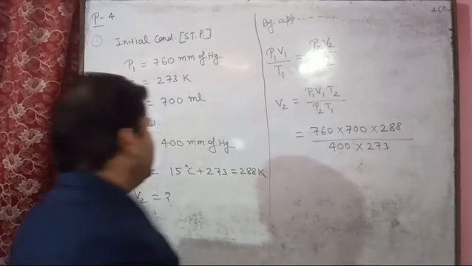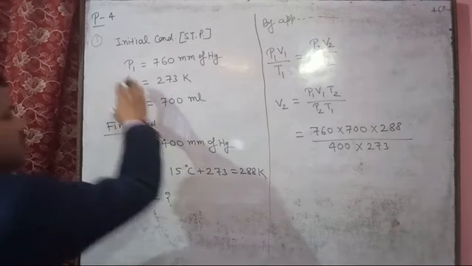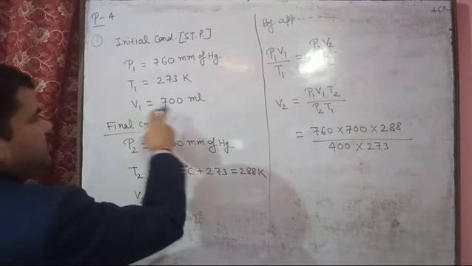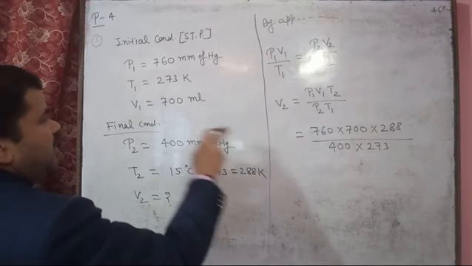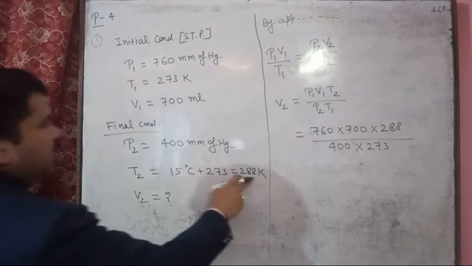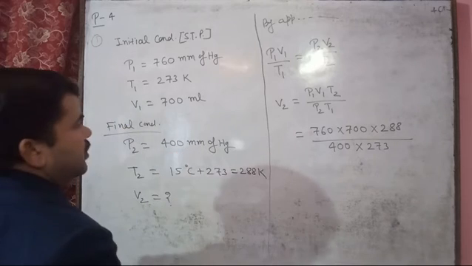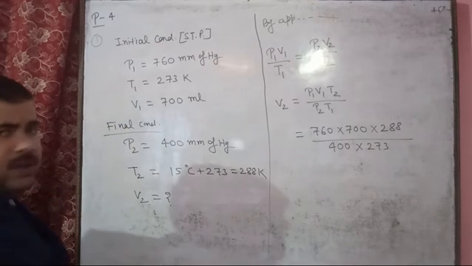So we can see these units here: P1 760, V1 700, T2 288, then P2 400, then T1 273.